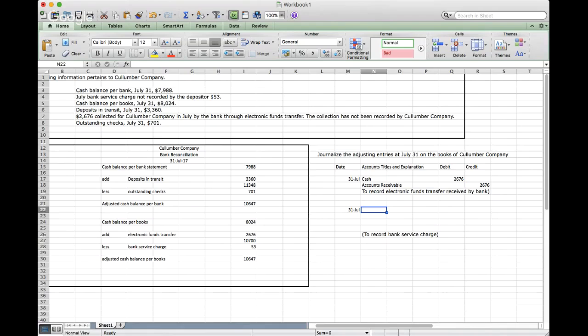So we're gonna look at that. And our bank service charge was $53 up there. So we're gonna debit bank charges expense for $53. And then we're gonna credit cash for $53. And that's it.